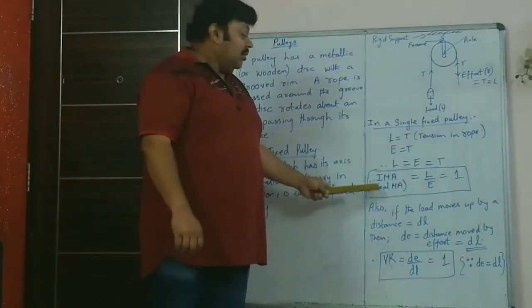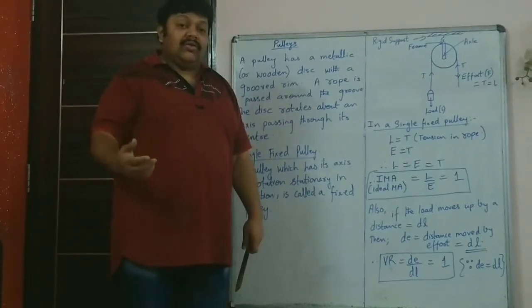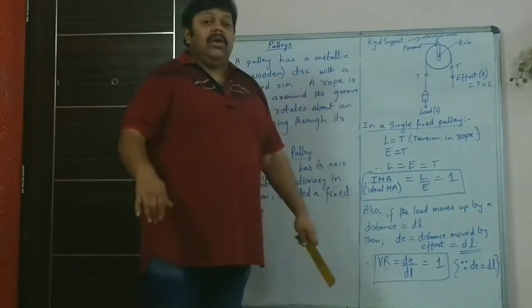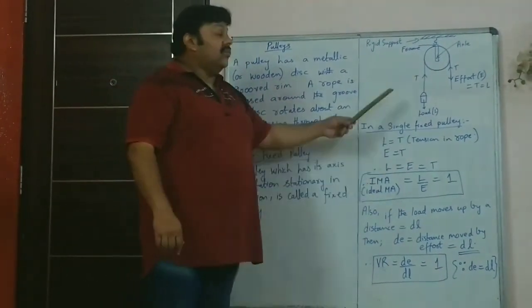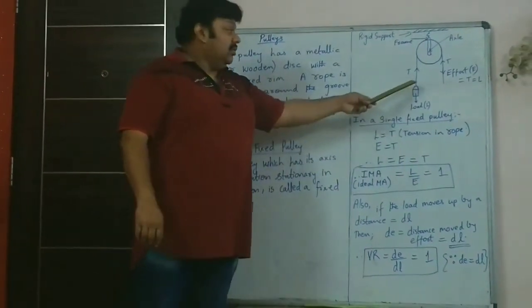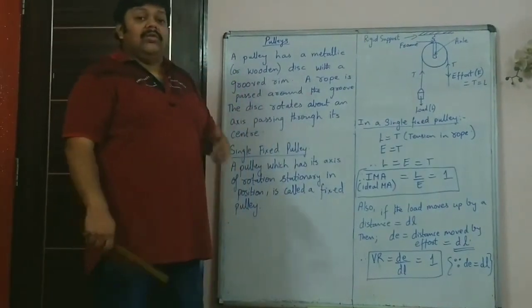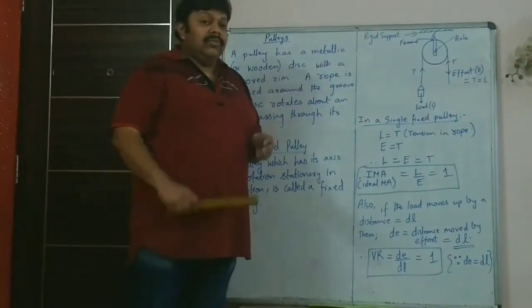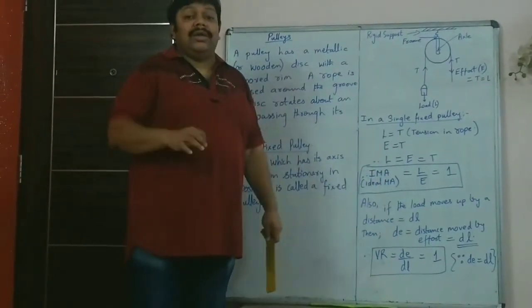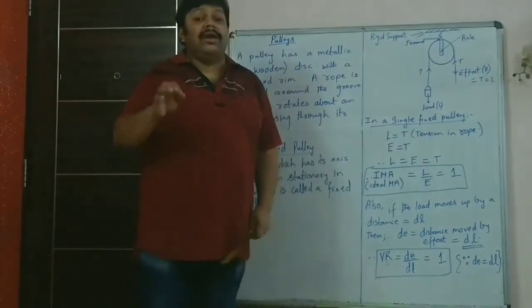Now why did I write the word I? Usually you write only MA. Generally when you say MA, it means IMA, it means ideal MA. Why is it so? We are assuming there is no friction. This load, that means the bucket alone, is having no weight, which is not going to be the case. So always remember, the actual mechanical advantage or just MA will always be less than the ideal MA.